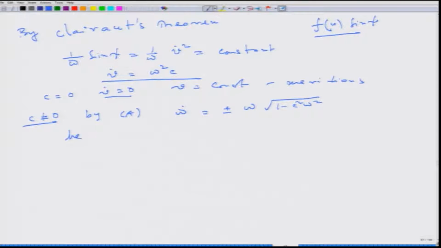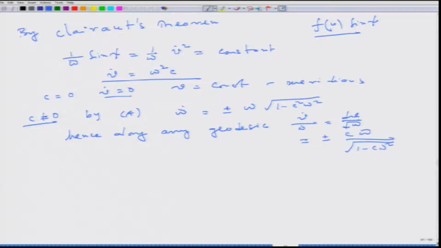Hence, along any geodesic, I can remove the t part: dv by dw is equal to plus minus c w over square root of 1 minus c square w square.